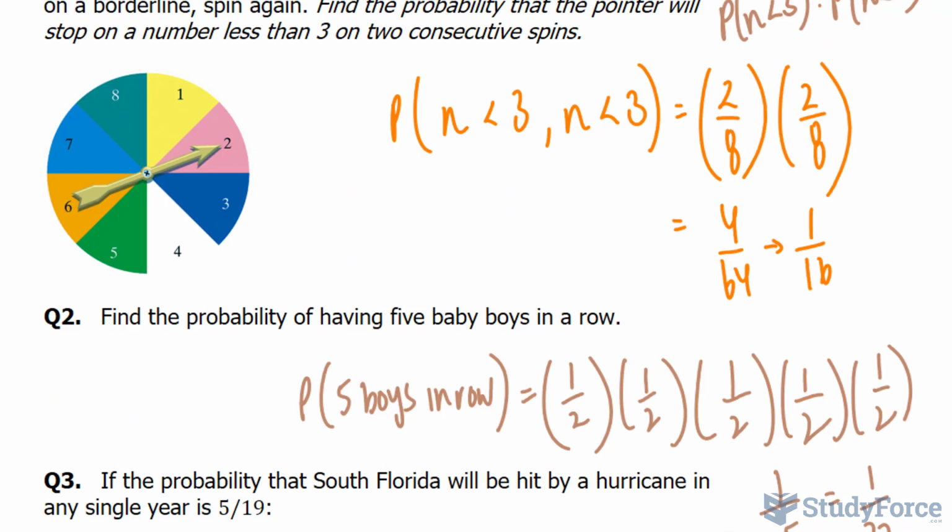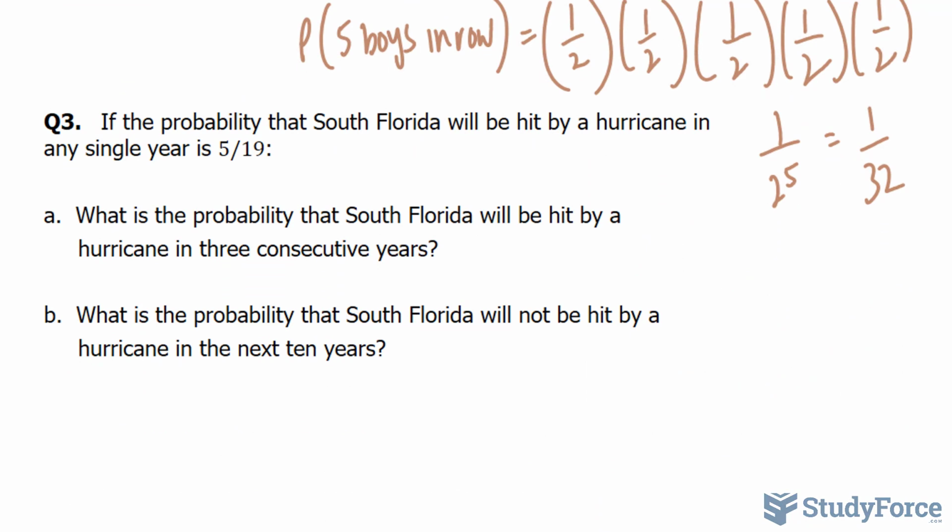In the last question of this series, we're asked, if the probability that South Florida will be hit by a hurricane in any single year is 5 over 19, what is the probability that South Florida will be hit by a hurricane in 3 consecutive years? So we'll multiply this number by itself 3 times.